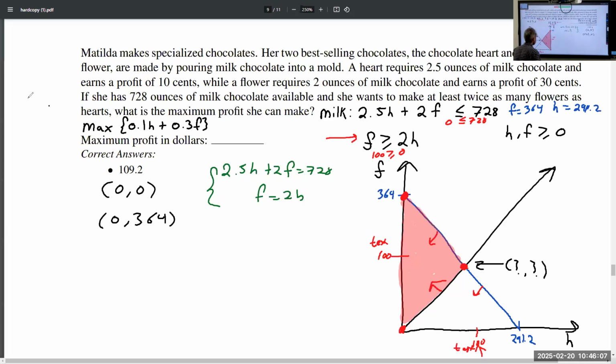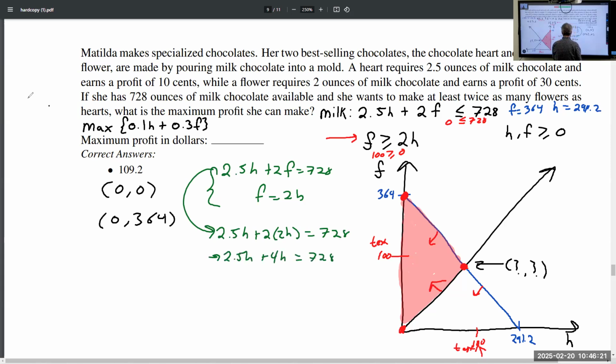I can plug in 2h for f, and that would give me 2.5h plus 2 times 2h equals 728. That would be 2.5h plus 4h equals 728, and then 6.5.